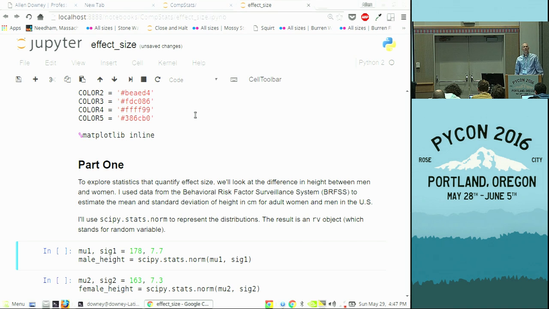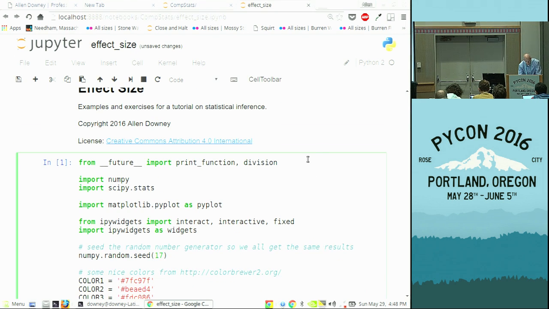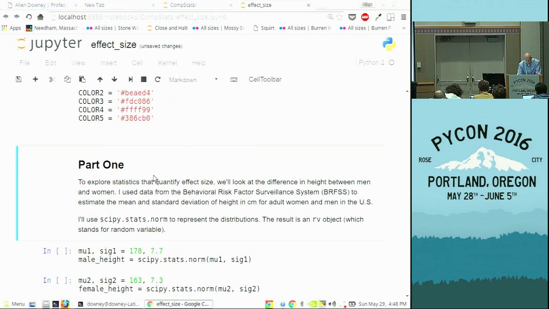There's one thing I was told about this morning, which is that this matplotlib inline, if you are on a Mac, can get you into trouble unless you move it up to the top. If you move it up to the top, you should be okay. So I'm going to run that.